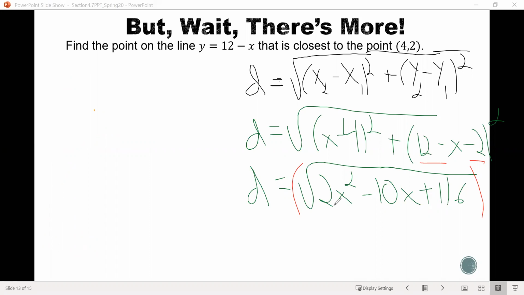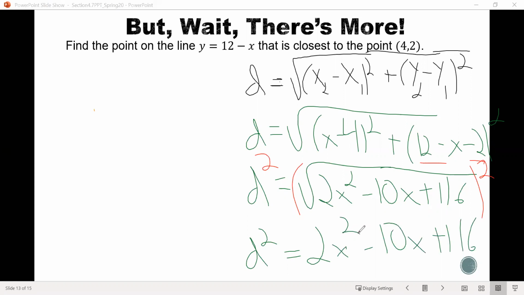And so what we can do to deal with this, getting rid of the square root, is actually square both sides. So we end up with d squared equals 2x squared minus 10x plus 116. And it turns out that if we can find a minimum value for this, that gives us a minimum value for the thing with the square root, which might be kind of surprising, but it's true.